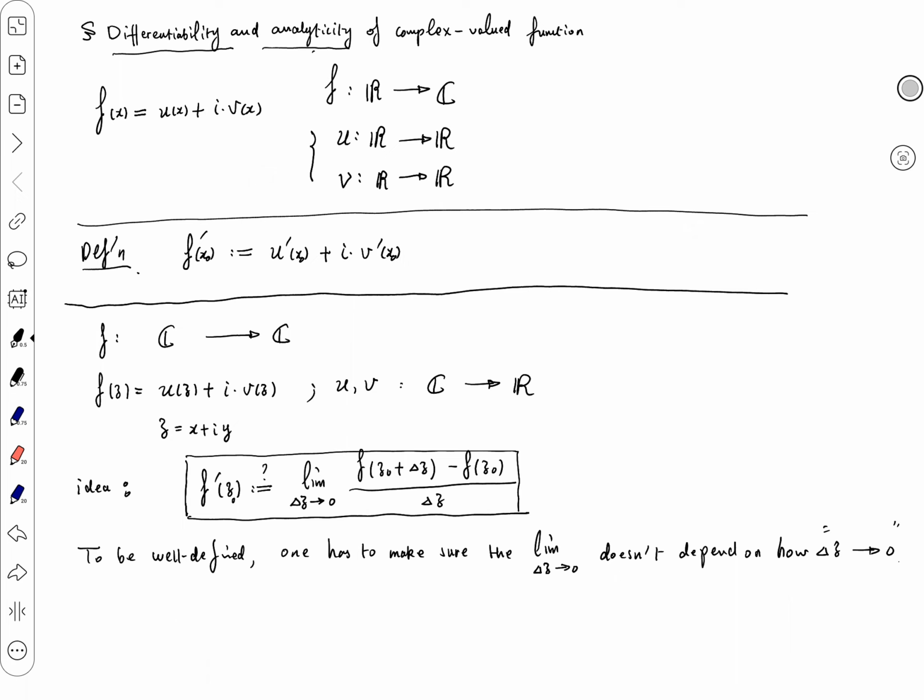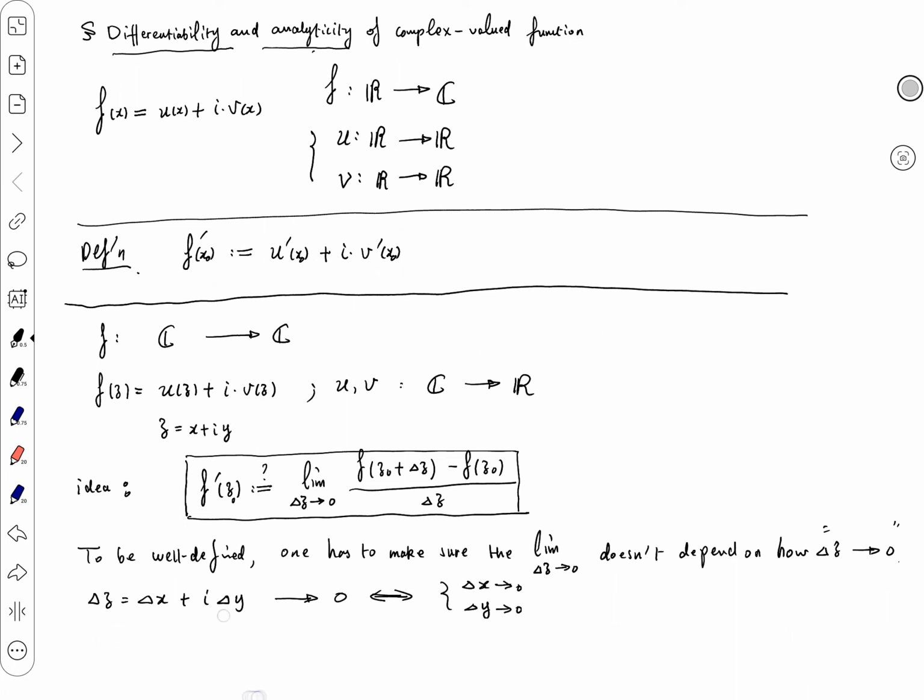What does this mean? Delta z going to 0 means you are taking a complex number and making its modulus smaller and smaller, right? So in other words, you could write it as real part plus i imaginary part goes to 0. This is equivalent to saying delta x goes to 0 and delta y goes to 0.